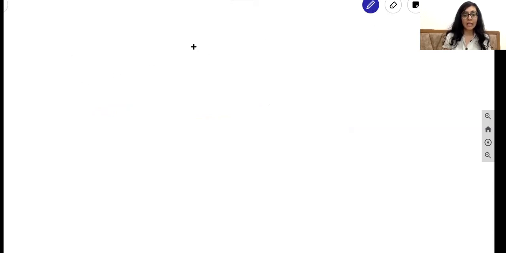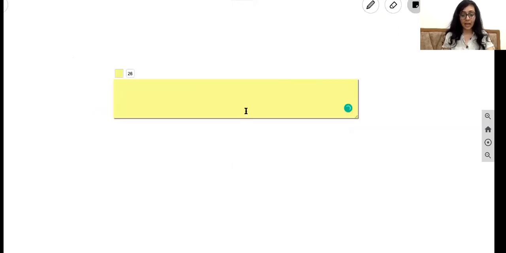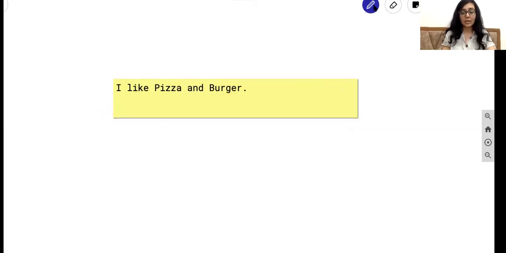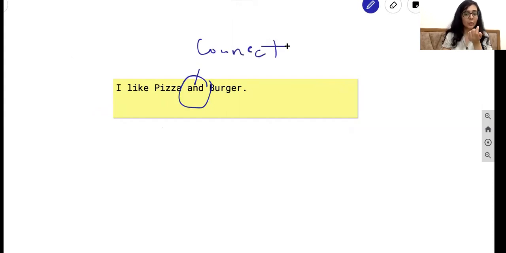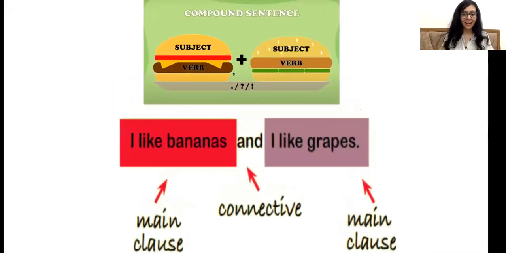But if I say I like pizza and burger, here you can see that it has "and" in it, which means it's a connective word. Just like conjunctions, we know that conjunctions are nothing but connectors. They connect. I like pizza, I like burger, I like pizza and burger, right?